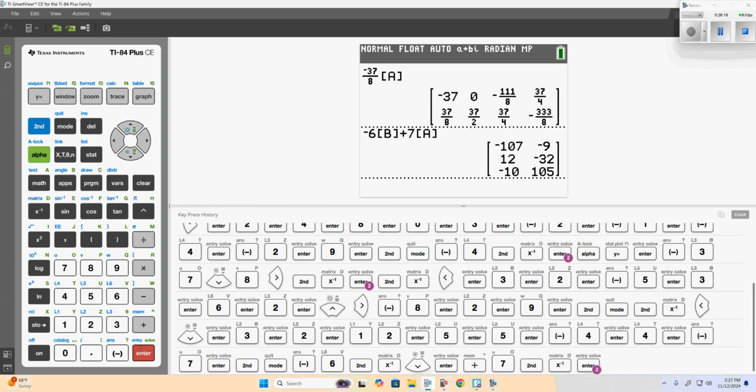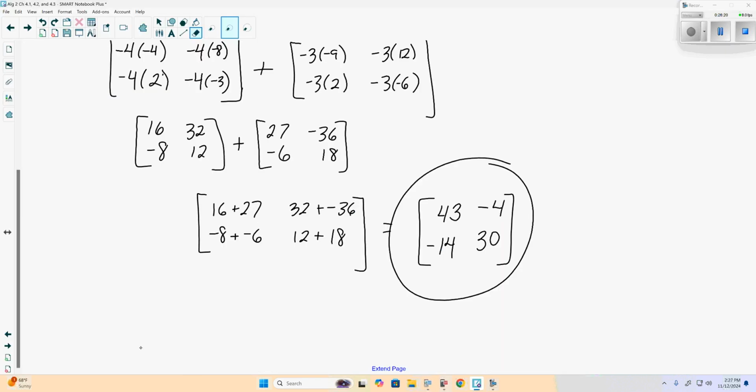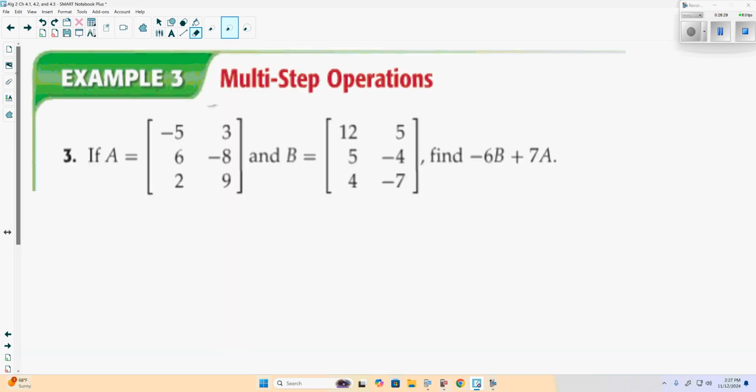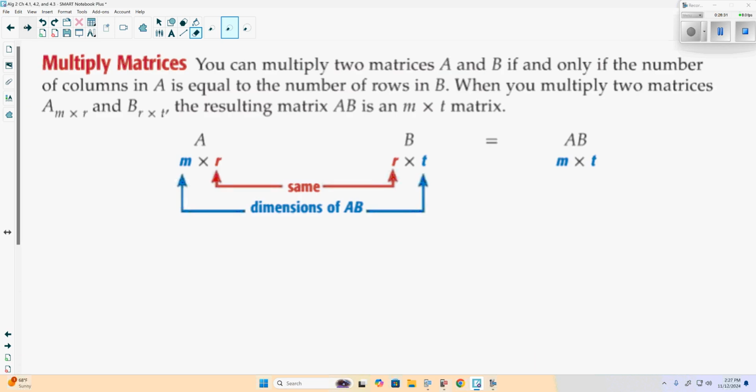All right, now up to this point, pretty much everything we've done so far, scalars, addition, subtraction, has not been stuff we've covered. Nothing new. We're going to cover something new, and that is multiplication. We did not multiply matrices before. Now, to be able to multiply two matrices, the columns of the first has to match the rows of the second.